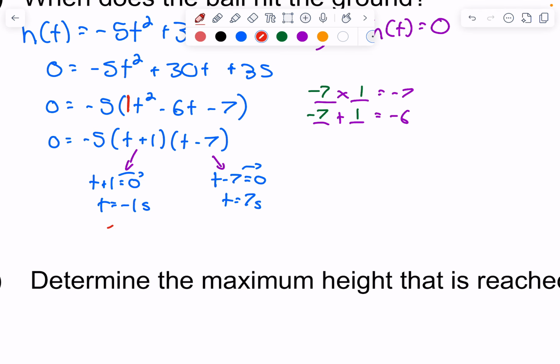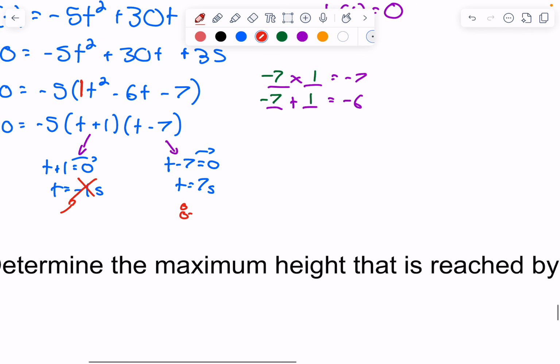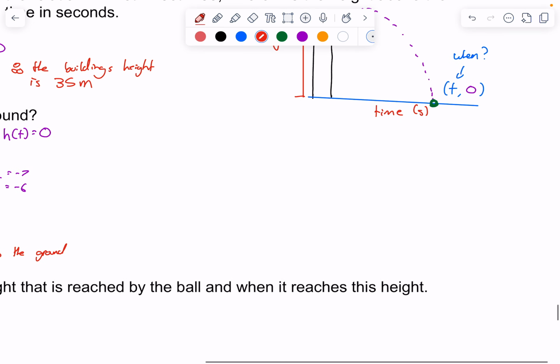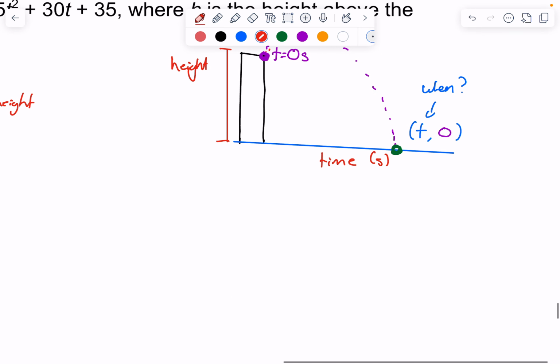So therefore, the ball hits the ground at 7 seconds. That means on your graph right here, this represents a coordinate of 7 seconds.